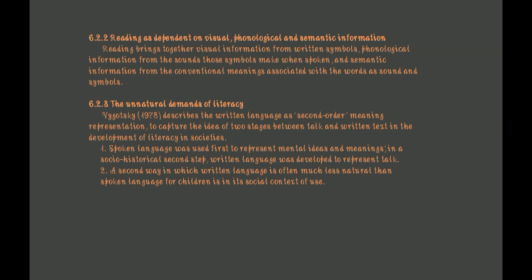All three types of information are used by fluent readers in reaching an understanding of the text, together with information about the social use of the text as discourse, and the unnatural demands of literacy.